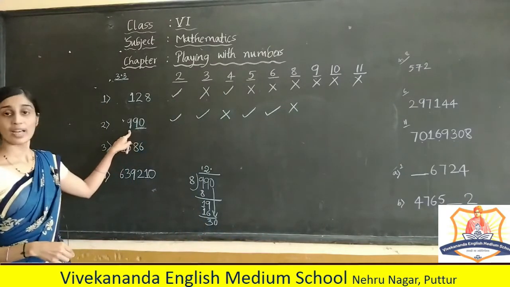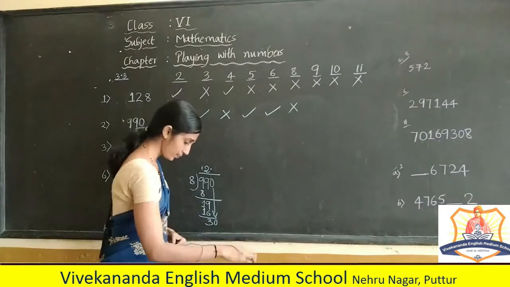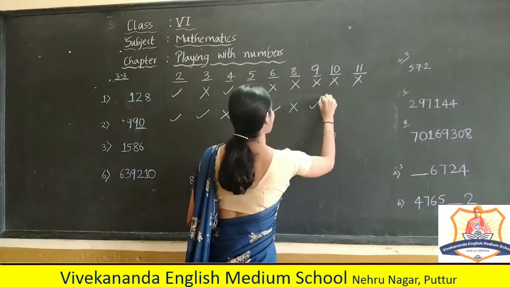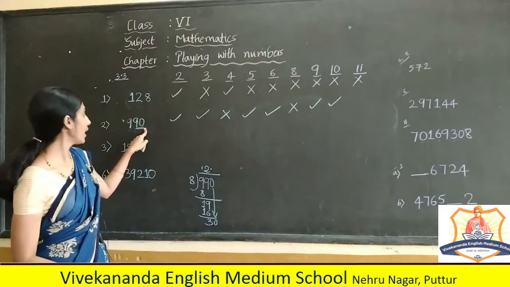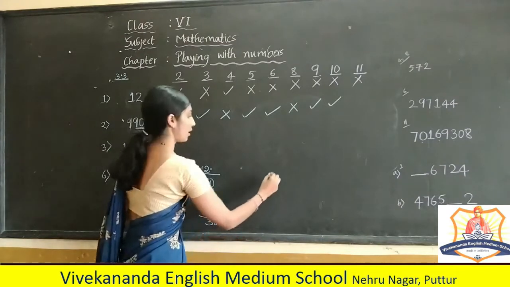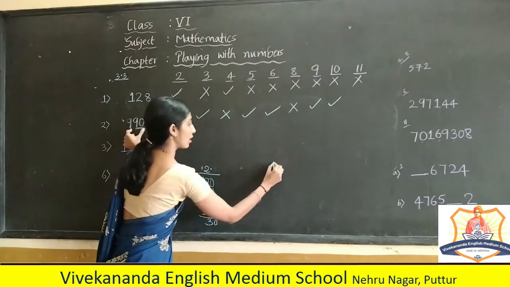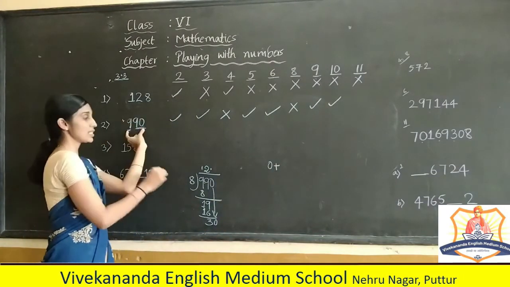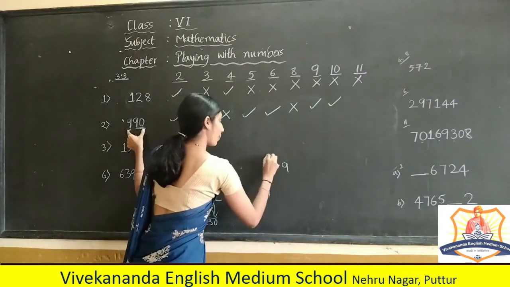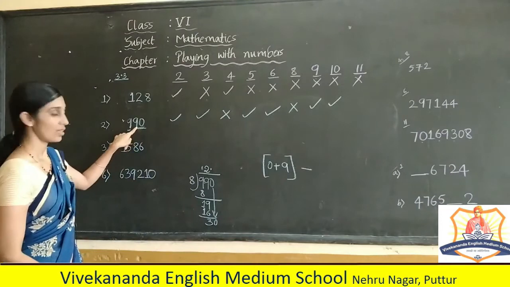Next, 9. Of course, it is divisible because 9 plus 9 is 18, divisible. Ends with 0, so it divides by 10. 11, let us check. Digits in the odd place: 0 plus one more digit in the odd place is 9, minus digits in the even place.